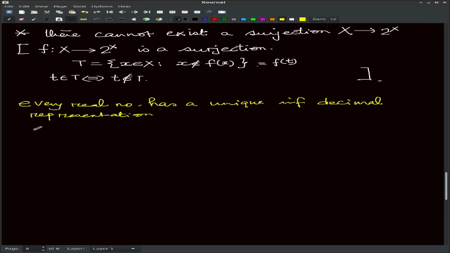So then he takes any countable set, any sequence of real numbers. So suppose I write down its decimals. To be specific, let me take this. So then what do I do?